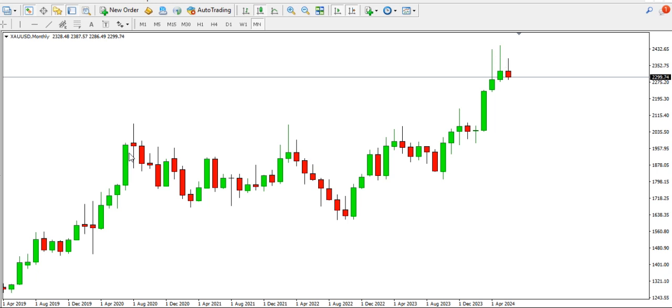So we have a similar pattern here, and we can see the drop for the next couple of months, this drop for the next 5 or 6 months thereabout.